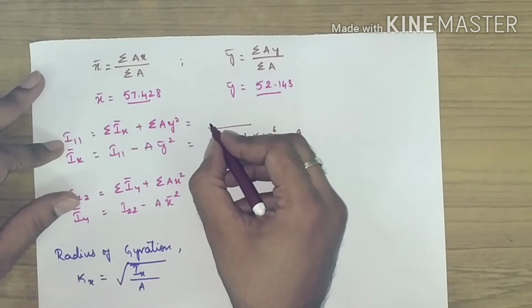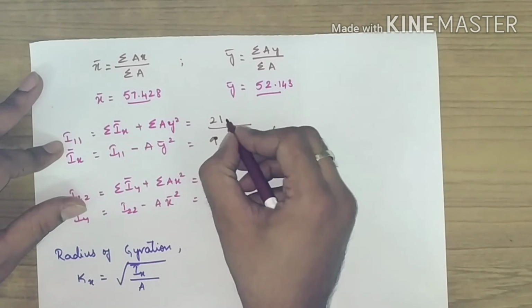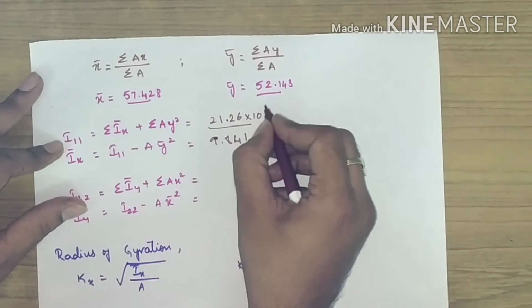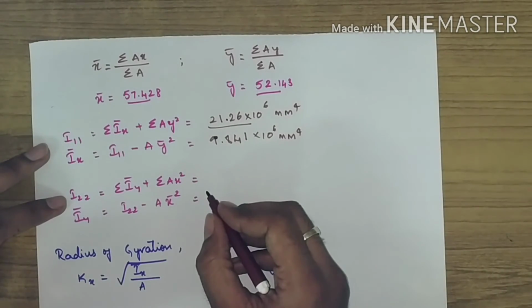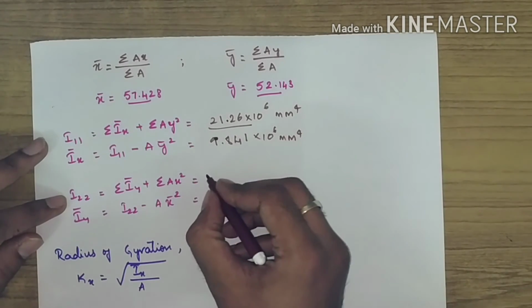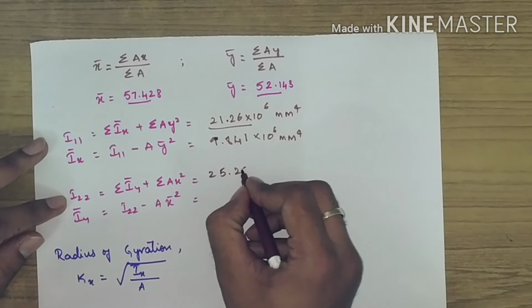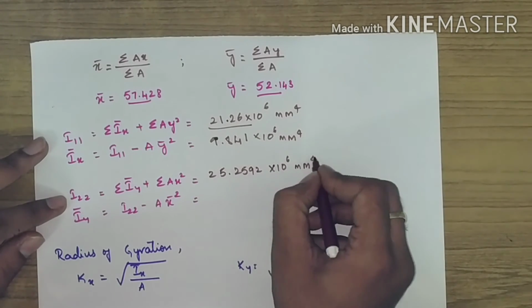I'll just also give you these values. I11 is equal to 21.26 into 10 power 6 millimeter to the power of 4. Similarly, in the other direction, that is I22, if you compute, you will get I22 as 25.2592 into 10 power 6 millimeter to the power of 4.